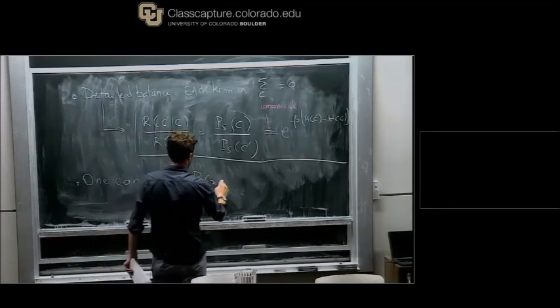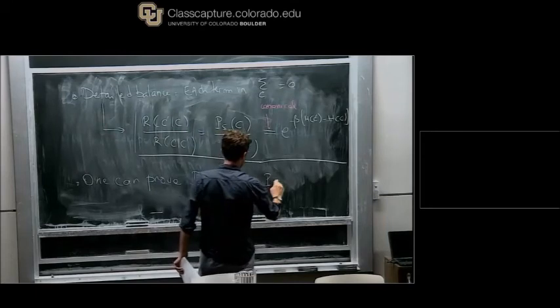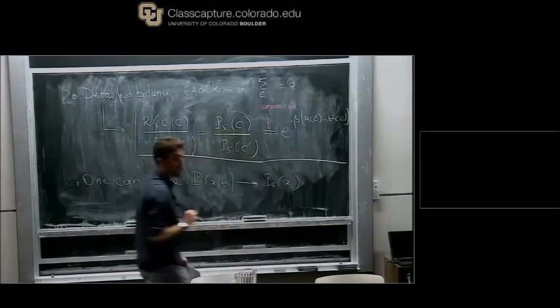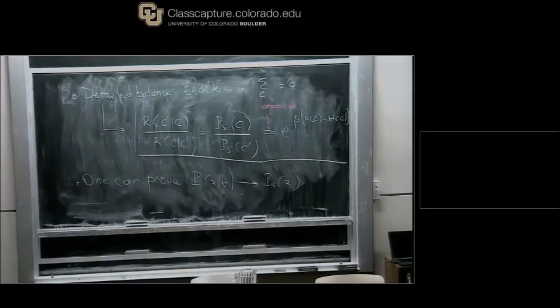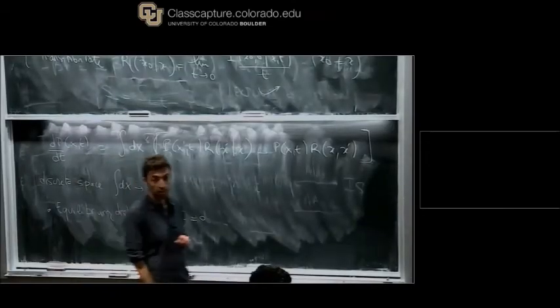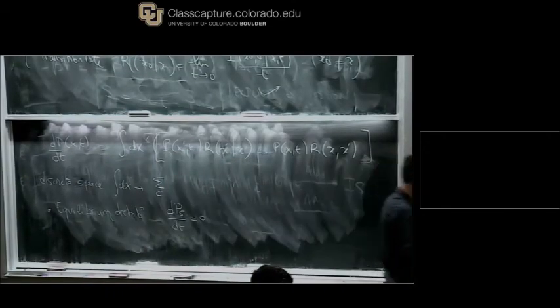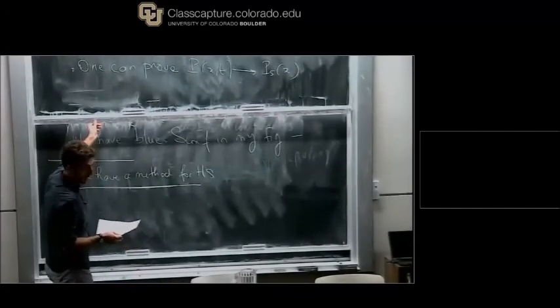It's possible to prove that if your transition rate satisfies detailed balance, and you start from some initial conditions, then by this master equation the probability distribution will reach the equilibrium one at large times. This can be proved, and that justifies the Monte Carlo algorithm.